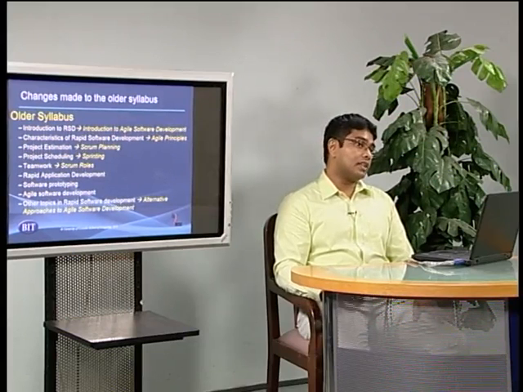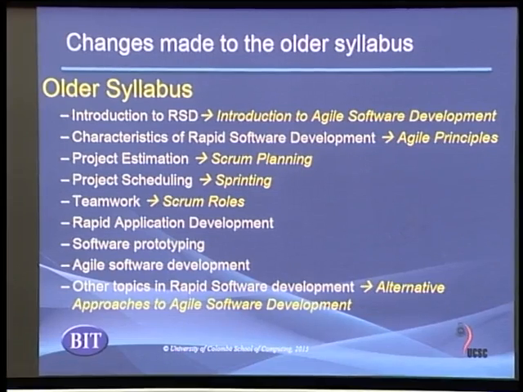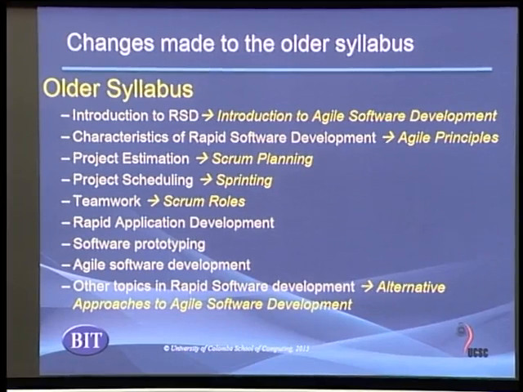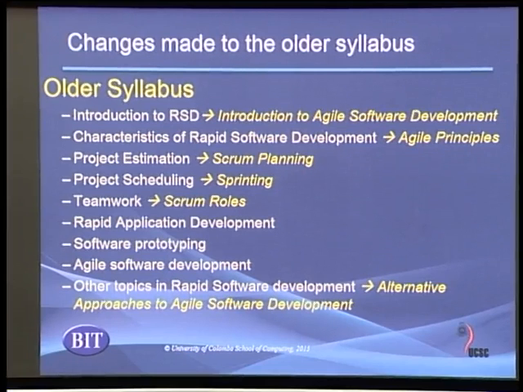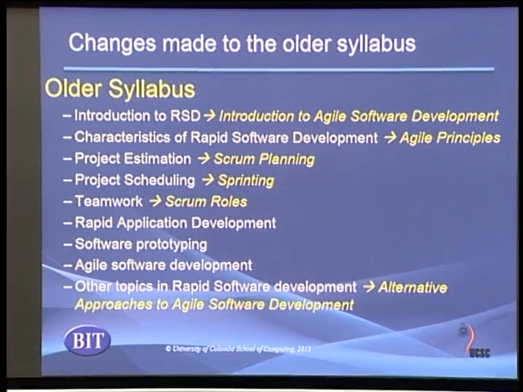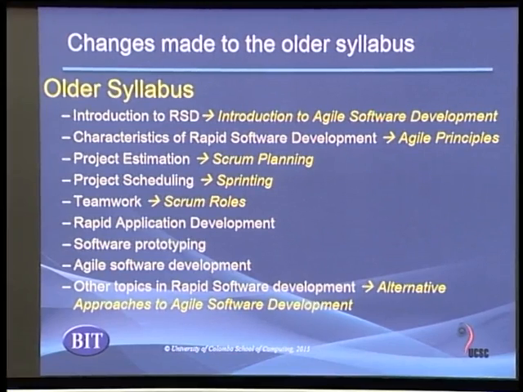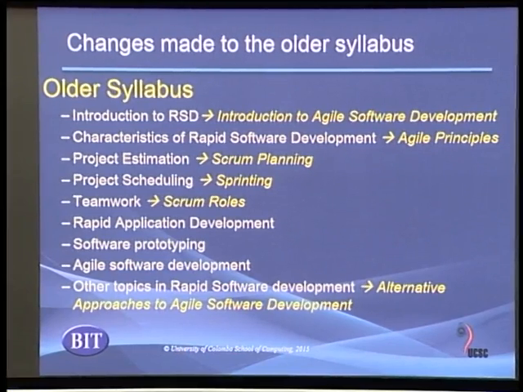And in the previous years, we were discussing about project estimation at a higher level, but this time we are discussing specifically how to do planning in Scrum, how to do the estimation, how to do scheduling, so on and so forth.